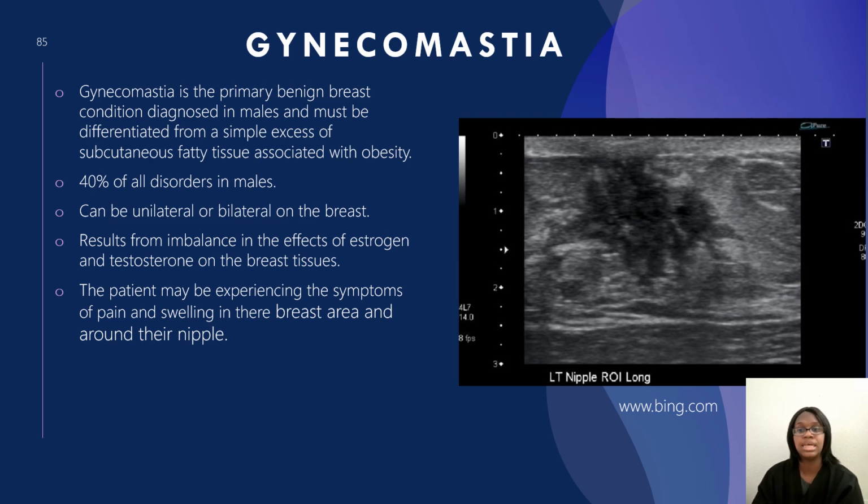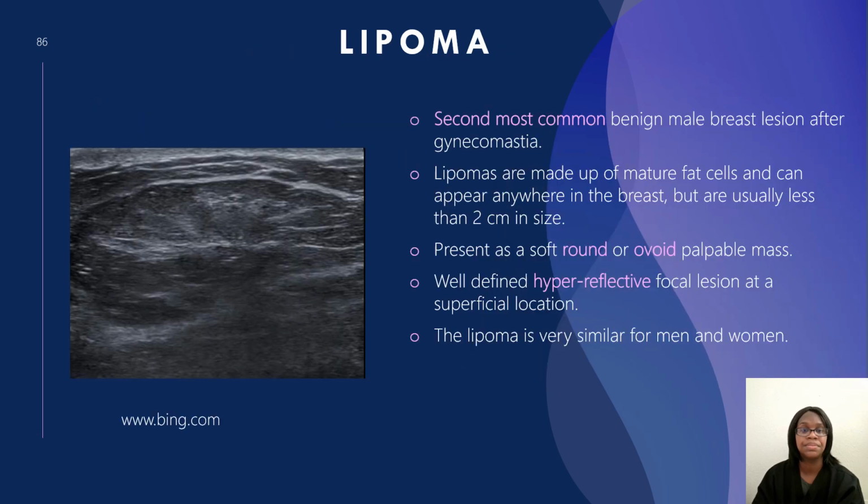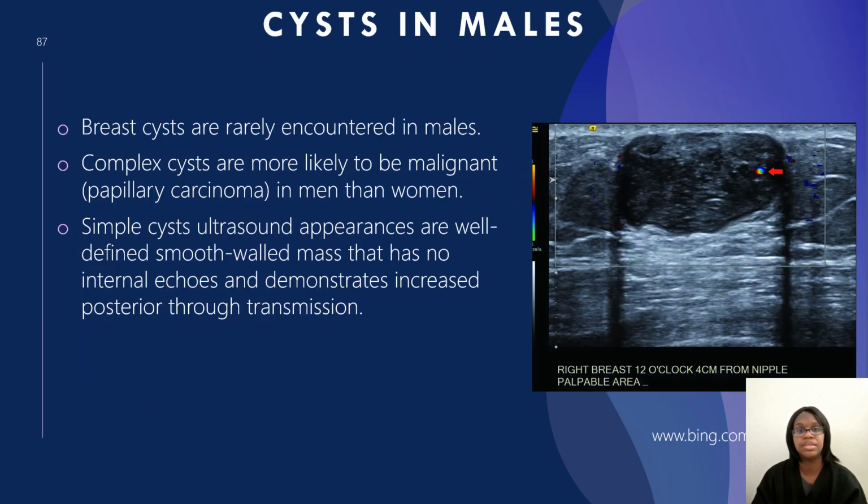And then this is just an image of gynecomastia, lipoma. This is how a lipoma will look. And then you have your cysts in males. And on the picture, you see how it's annotated: right breast, 12 o'clock, 4 centimeters from the nipple.